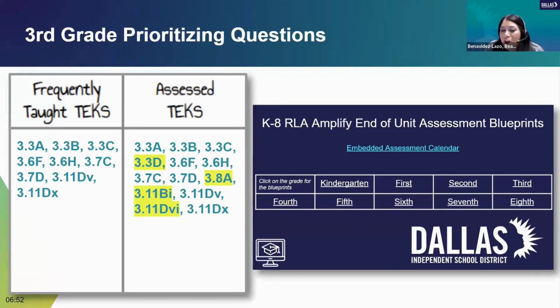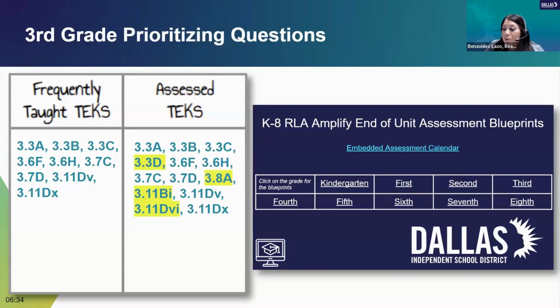So at our last QCT, we talked about frequently taught TEKS versus assessed TEKS. So we see here are the frequently taught TEKS coming up. Here's what's going to be assessed. And so we use that to drive a lot of our focus.